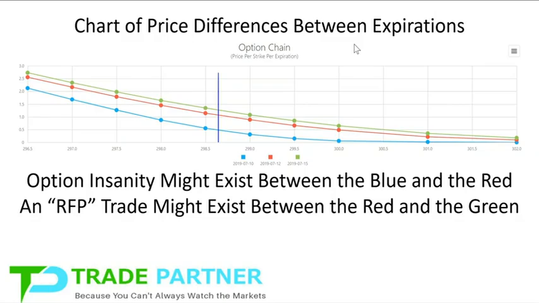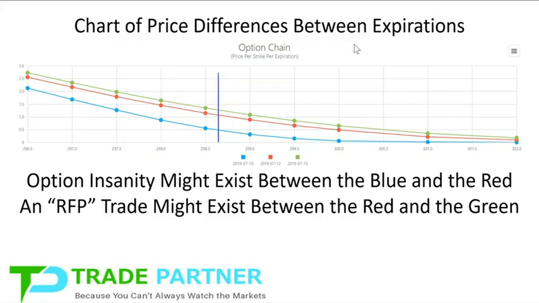If the price difference is very, very small, then what you have is a scenario where the expensive PPD is on the nearby option and the cheaper PPD is on the further option. If you take a look at the red and the green line on here, the price difference between these options at the same strikes is very small, which means that the PPD is going to be higher on the red than it is on the green.